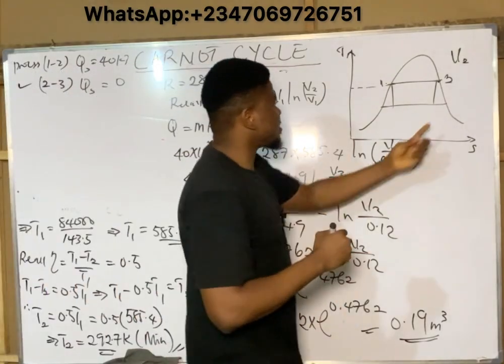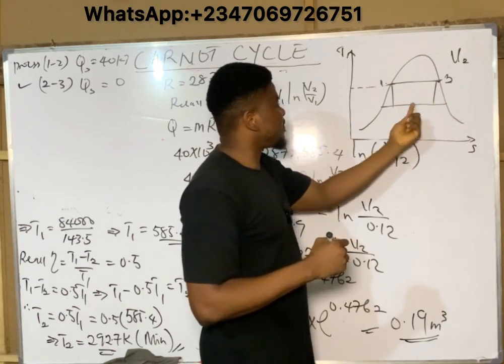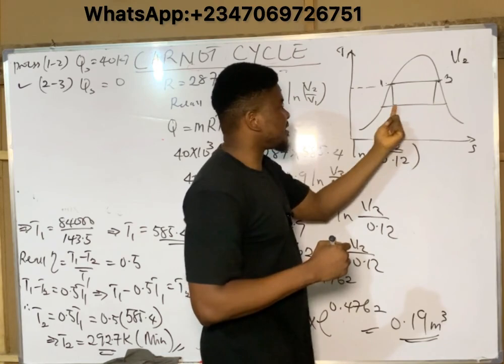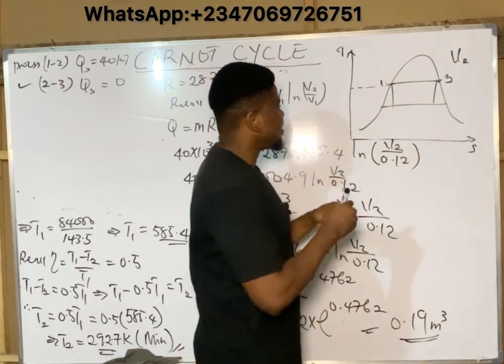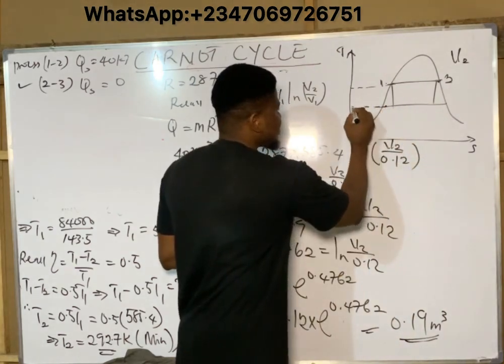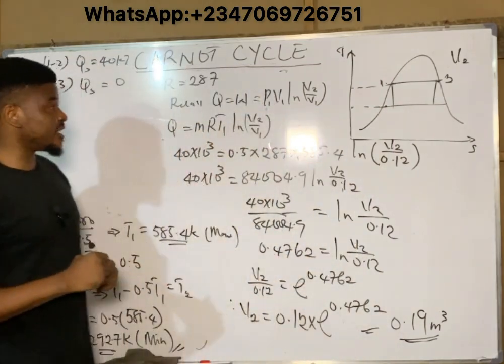Now process 3 to 4 is heat removal from the system by the condenser. This is done at constant temperature. Isothermal heat removal, constant temperature, from the system, and heat removal is negative.